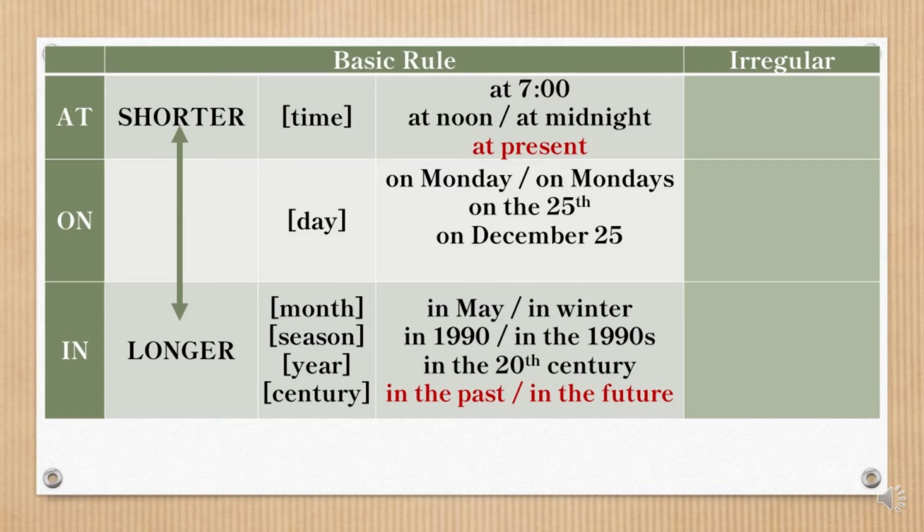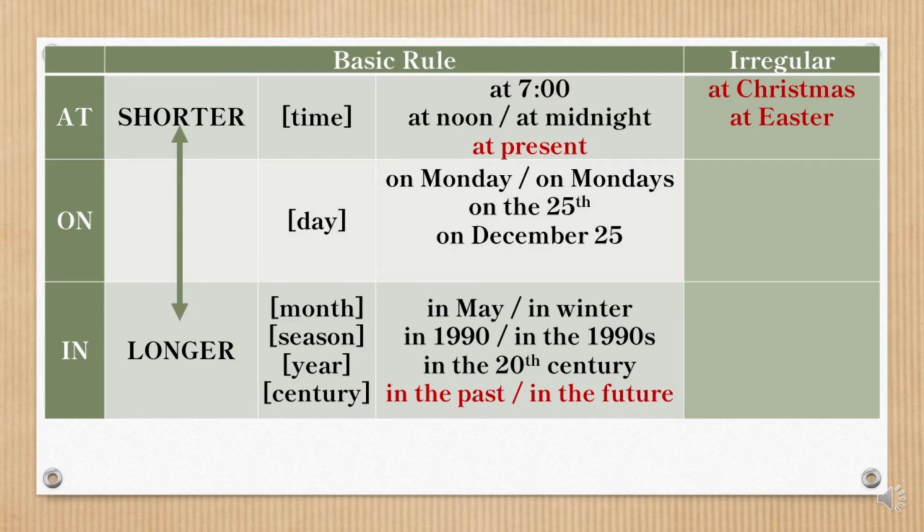Now let's look at irregular examples. When we refer to a specific holiday season, we use at. Holiday seasons are usually longer than a day, so if you know the basic rule, you might want to use in. However, languages are full of exceptions. For holiday seasons, we use at.